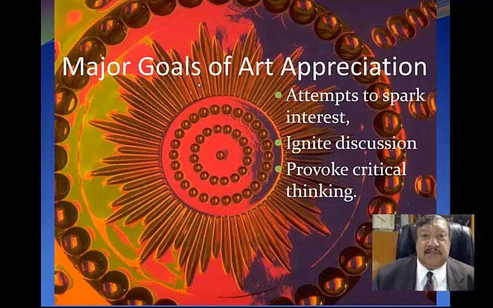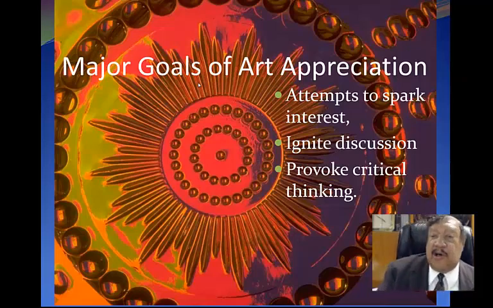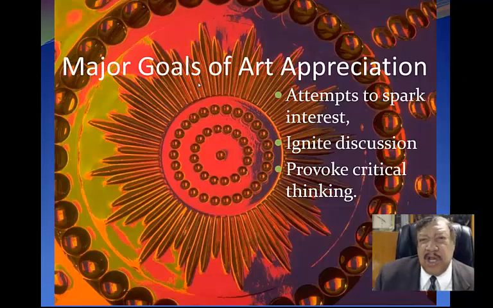Art criticism is anything that is written or said about a work of art. So as we write our commentary notes and reactions and interpretations and assignments, we're really writing art criticism.